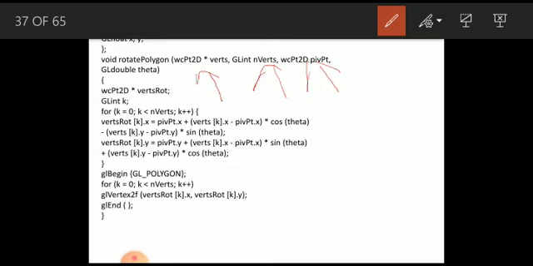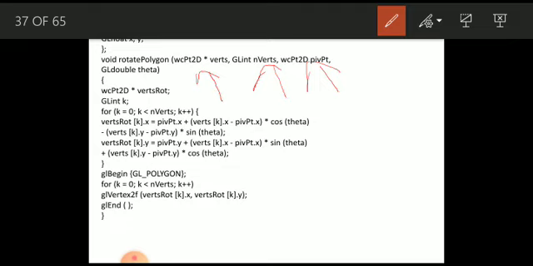Because for an object you can have different reference points from where the object has to rotate, from where the polygon has to rotate, from where the point has to rotate, from where the line has to rotate. And hence we call that point the pivot point. Nothing but the reference point.